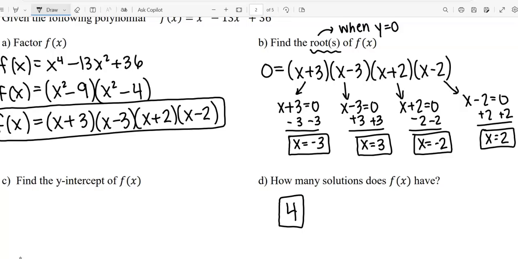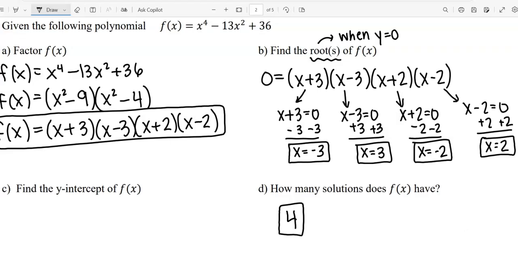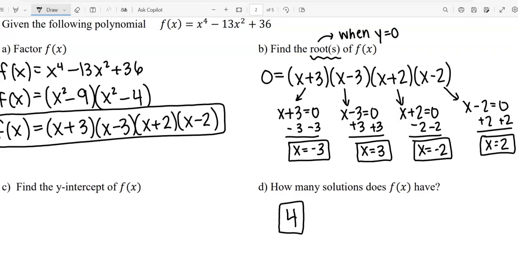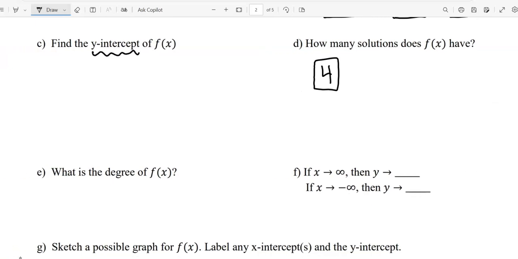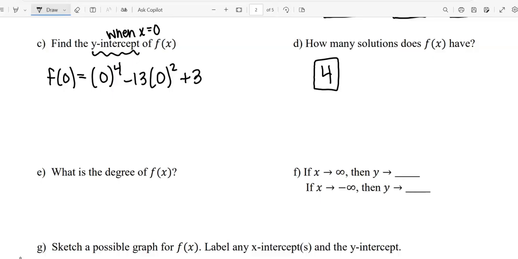Y-intercept. What's useful to find the y-intercept? Standard form, which is what we started with. So for the y-intercept, how do I start that? This is when x equals 0, so we start with f of 0 equals 0 to the 4th power, minus 13 times 0 to the 2nd power, plus 36. Why is standard form so nice for the y-intercept?